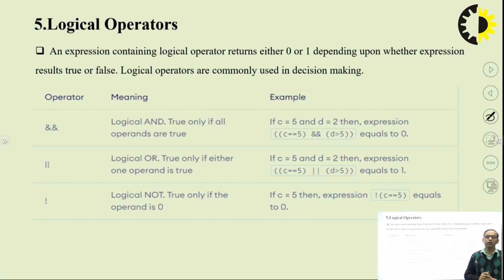Basically these operators are used for comparison purposes also, whenever we have to take some decision, or we want to execute some code or statement on the basis of satisfying more than one condition, or on the basis of a combination of more than one condition, then we have to use the logical operator.